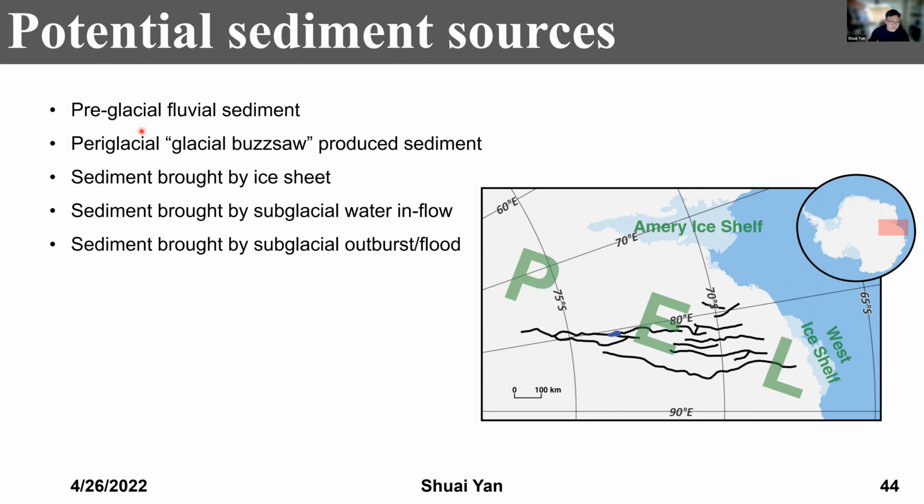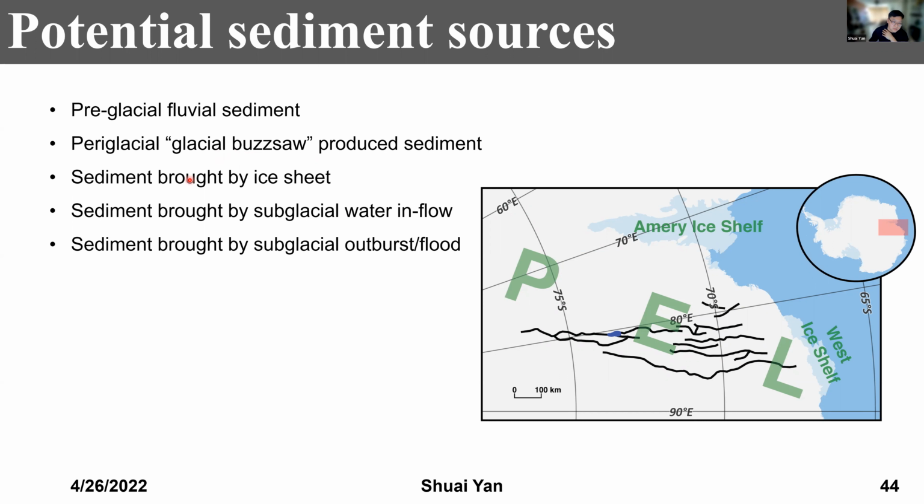And of course, when Antarctic glaciation came in, during the initiation and growth of the ice sheet, there could be this effect called glacial buzzsaw, which basically, when the ice cap initiated on the top of the mountain, there will be a significant erosion on the mountain, which will produce a very large amount of sediment. And those sediments could be transported and preserved at Lake Snow Eagle.